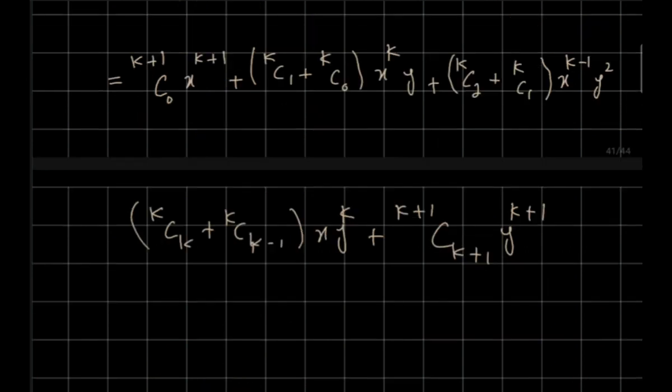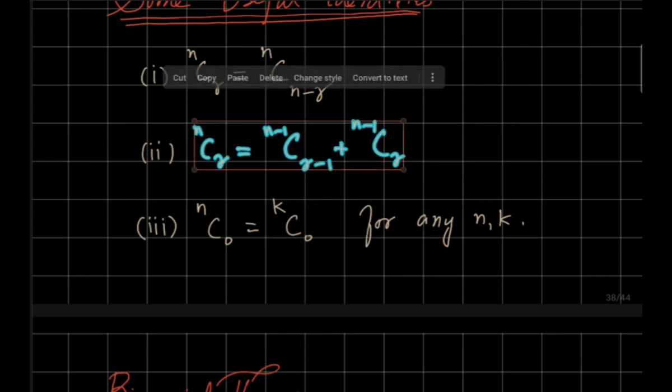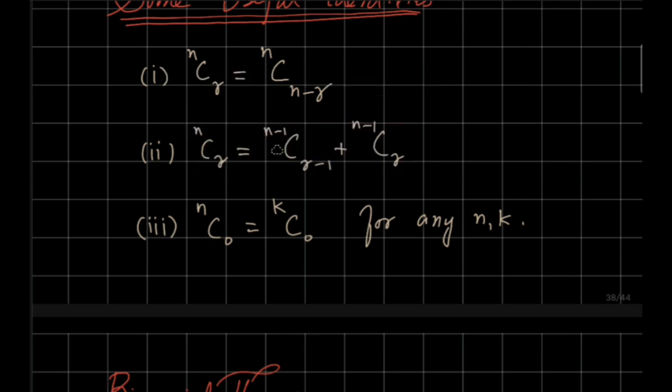Now we have to add these coefficients. You know, we gave the formula to add these coefficients at the start of the video. You can see, so here it is. NCR is equal to n minus 1 CR minus 1 plus n minus 1 CR.